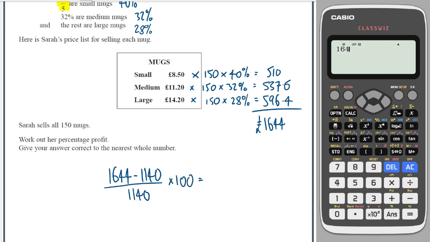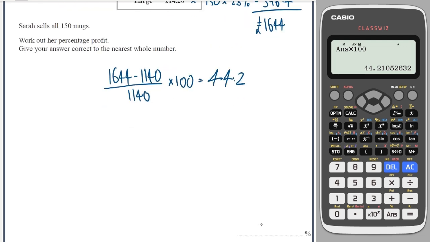So this gives her profit, and then we divide that by how much it was out of, and then we times that by 100, and that is 44.2%. To the nearest whole number, that is 44%, sorry. Great.